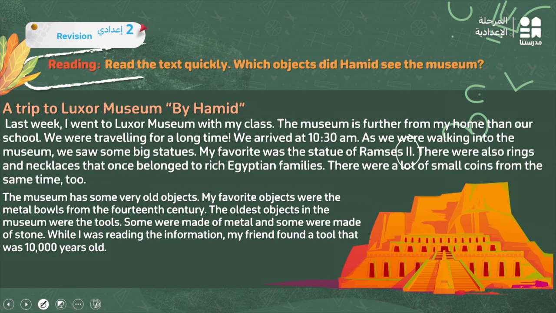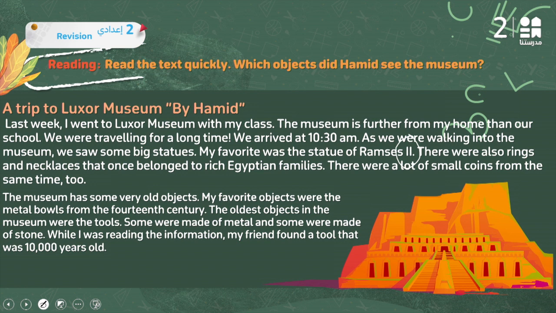The second paragraph. The museum has some very old objects. كان في أشياء تانية related to old times. My favorite objects were the metal bowls. البولات اللي كانوا بيحطوا فيها الأكل. The ancient pharaohs. From the 14th century. The oldest objects in the museum were the tools. كانت أقدم حاجة هو شافها حامد هناك tools at this museum.